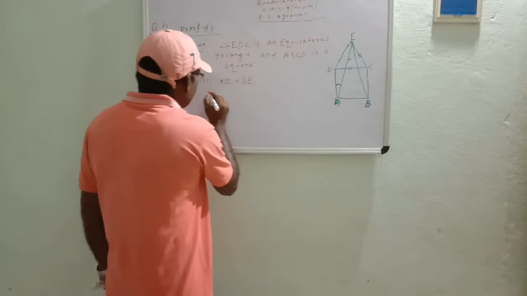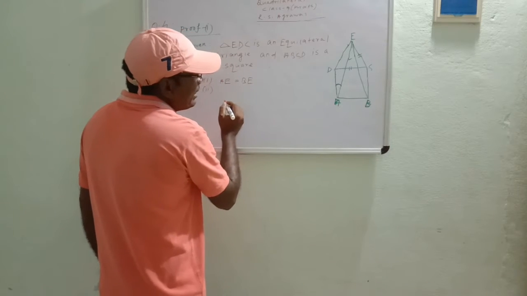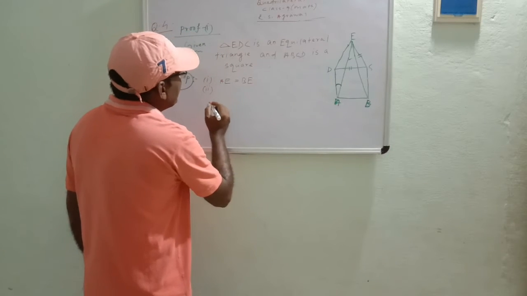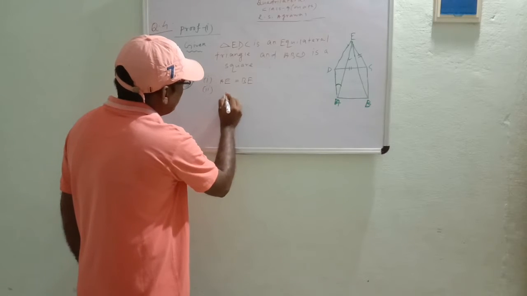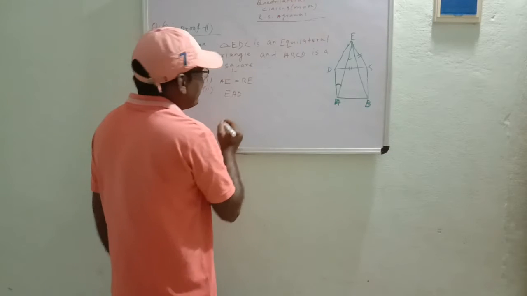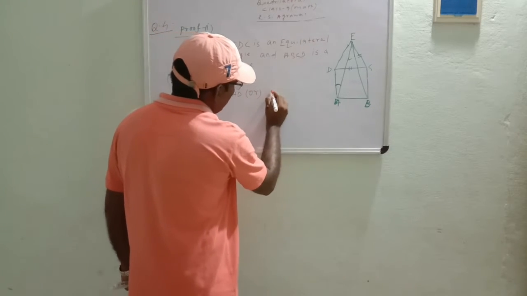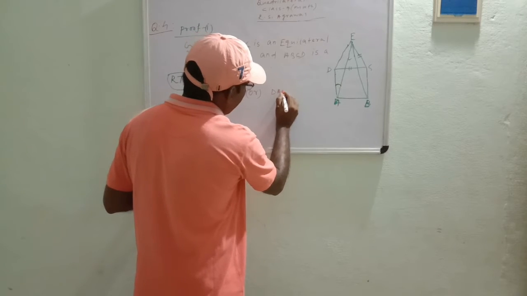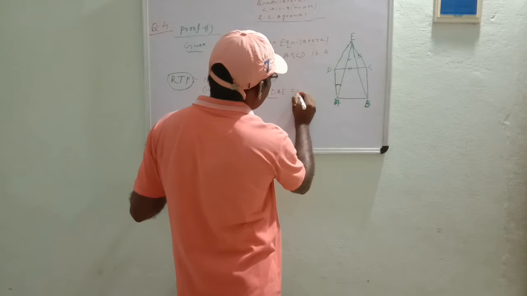And number 2, angle EAD, or angle DAE, equal to 15 degrees.